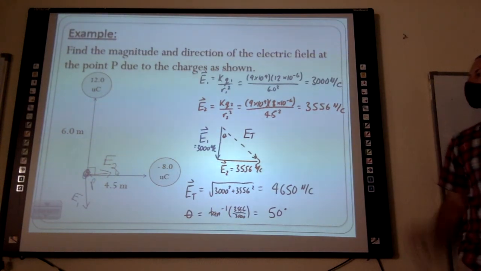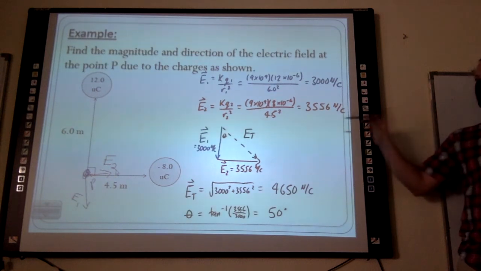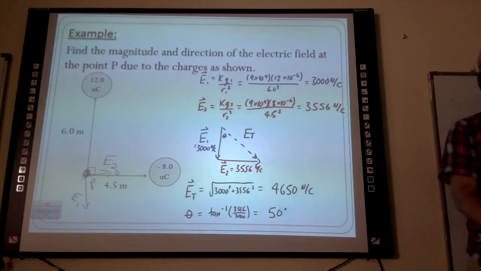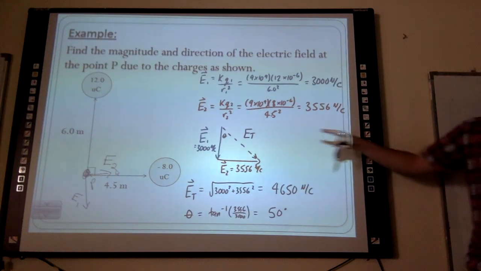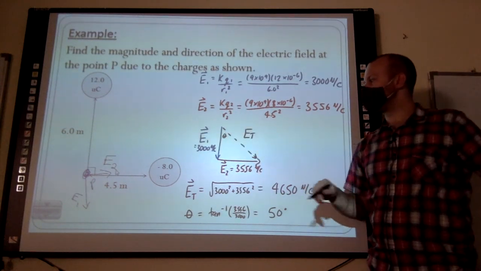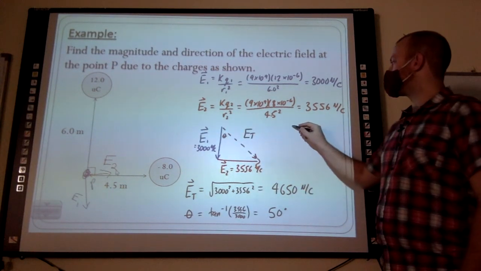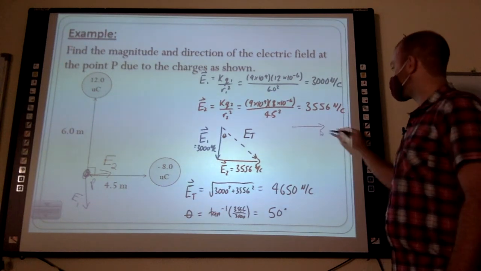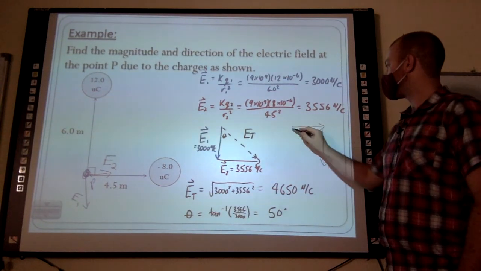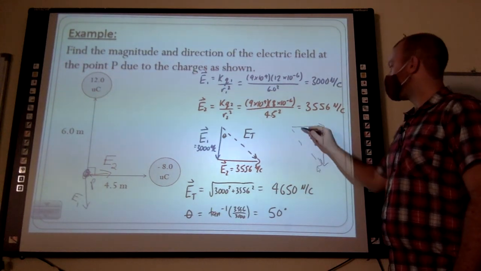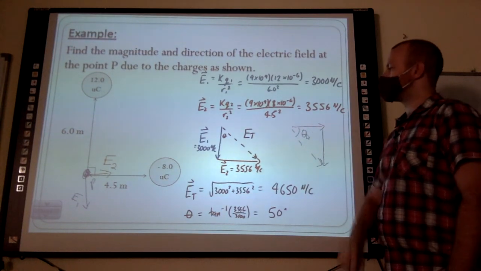I'm going to judge it based on how you created your situation. If you did it like this, I can see that you're solving for this theta. If you decided to create your triangle like this, then I would mark this theta as correct.